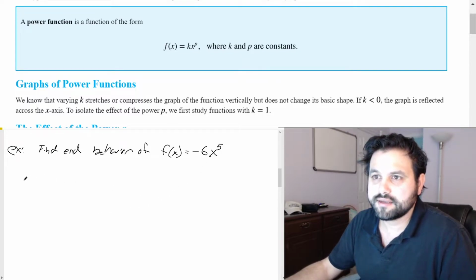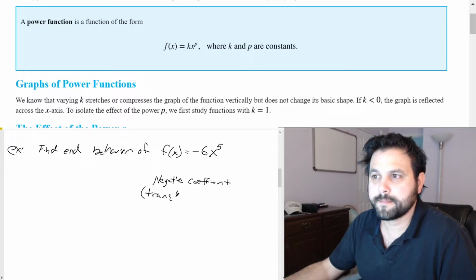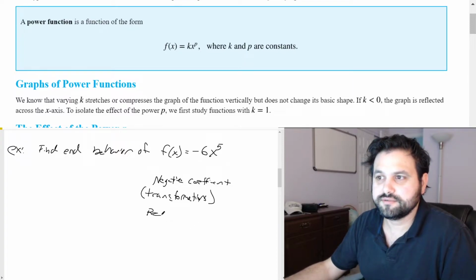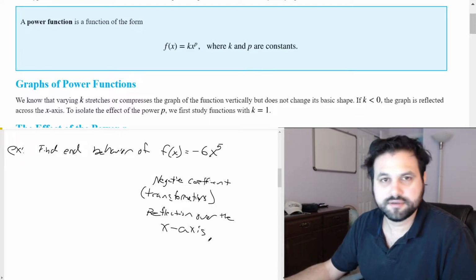If we think back to transformations, we have a negative coefficient, right? So a negative coefficient, what does that mean about the graph of the function? Thinking back to transformations. Well, what that's going to mean is that it's going to be a reflection over the x-axis, right?